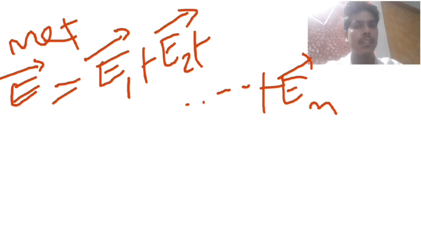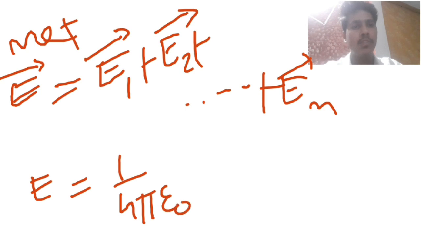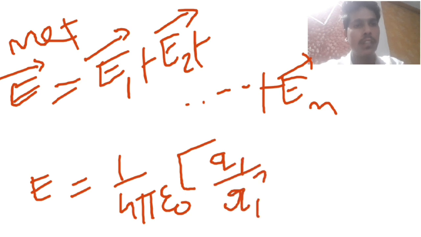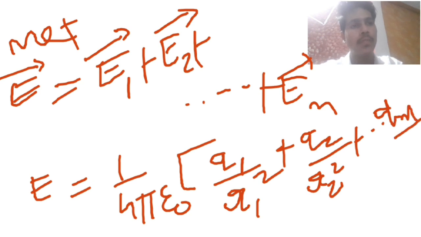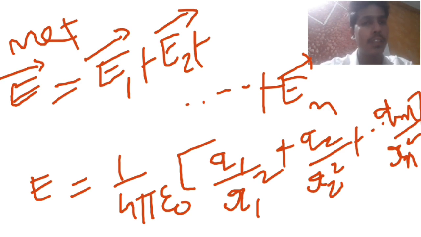Finally the electric field will be 1 upon 4 pi epsilon naught, which is the common term, times q1 upon r1 square plus q2 upon r2 square up to qn upon rn square. This is the actual value of the net electric field due to multiple charges.